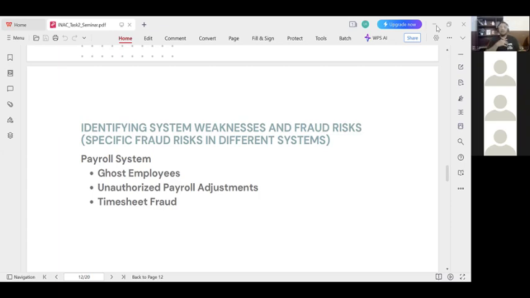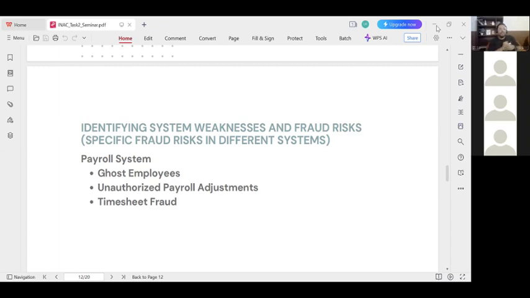Okay, so we are done with the implications on the financial statements. Like if you have a weakness, and because of that weakness there is a fraud going on, what's going to be the implication on financial statements, right?